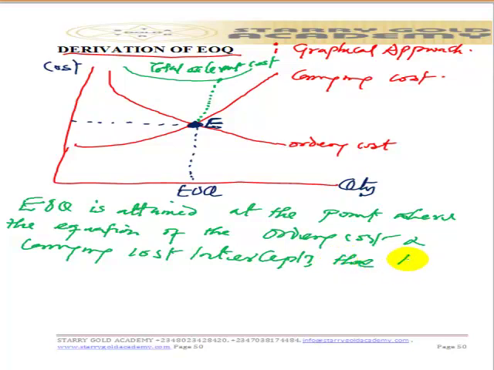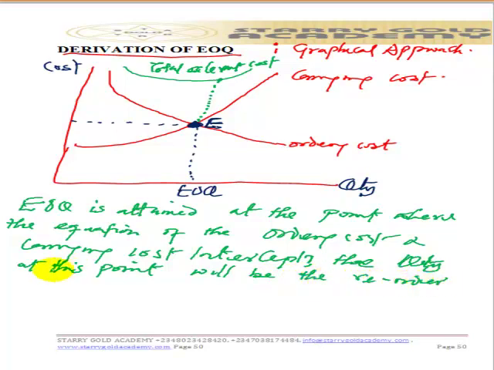The quantity at this point will be the reorder quantity that will minimize cost of materials.